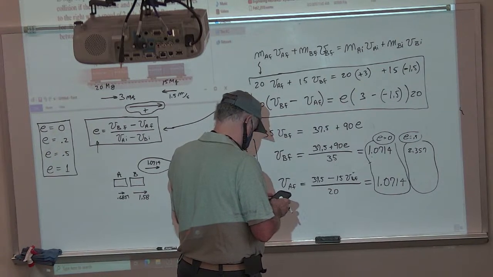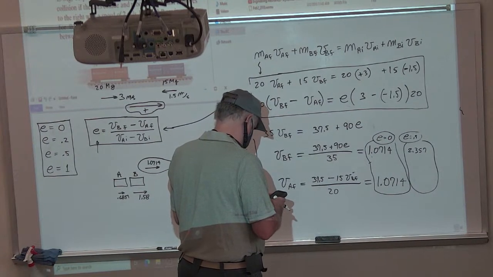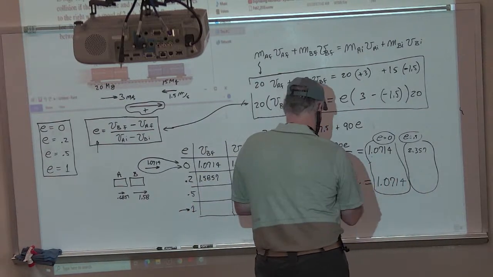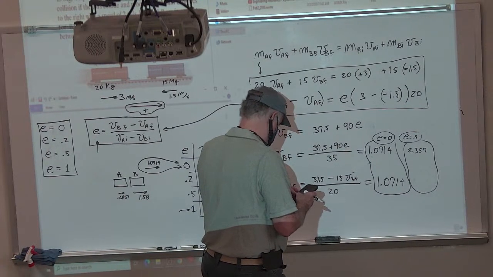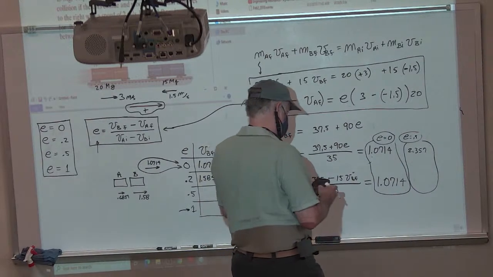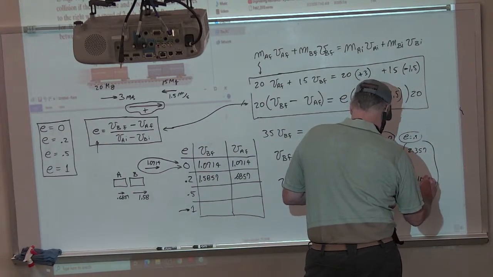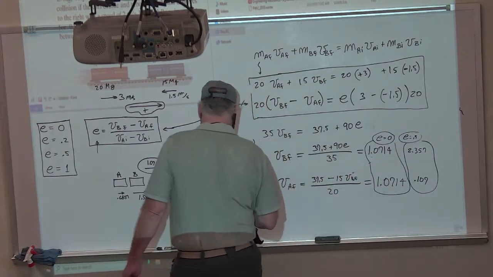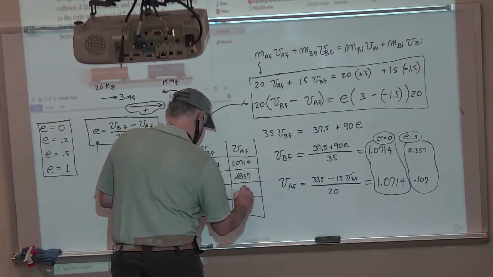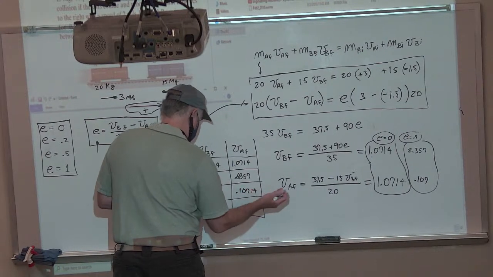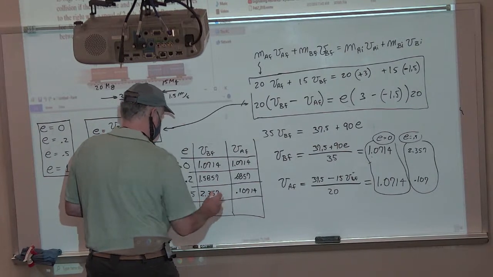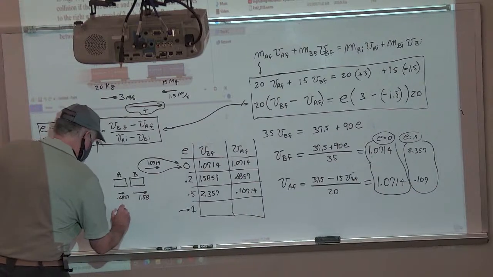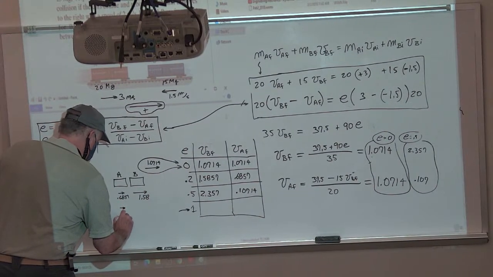Okay, 0.5 times 90. Okay, so I've got all the digits. I'm going to multiply times 15. 1.0714. And this one's 2.357.